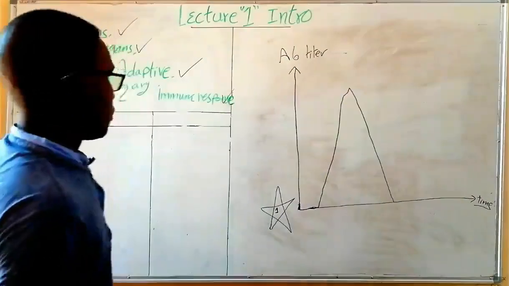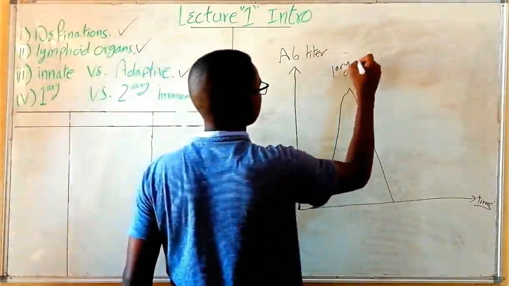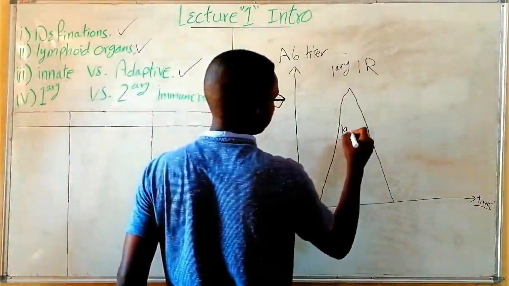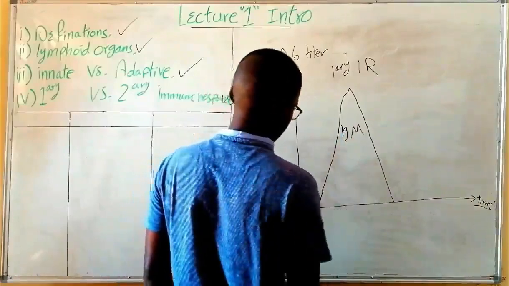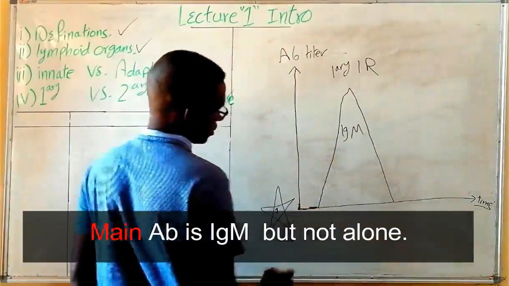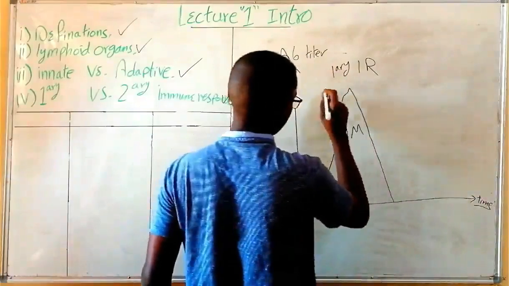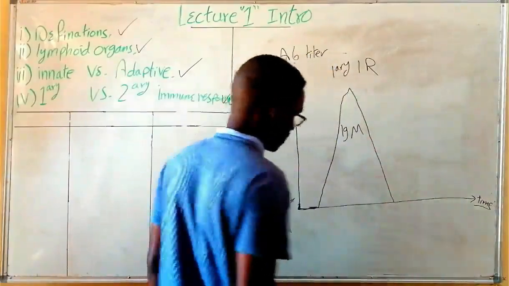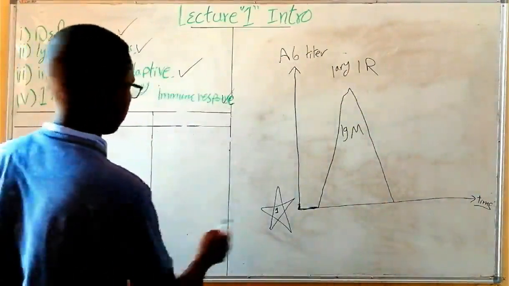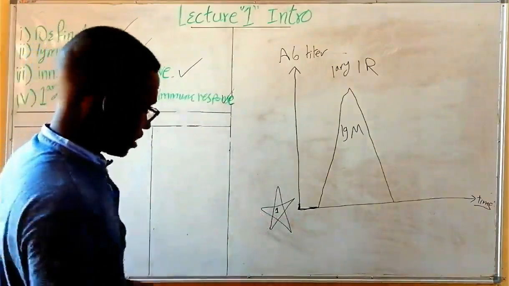So this is the primary immune response. The antibody produced right here is IgM, and it needs time. So you see this is the lag period. Then the concentration gradually starts to drop down. So this is the case of the primary, or first time, that this infectious agent gets into the body.